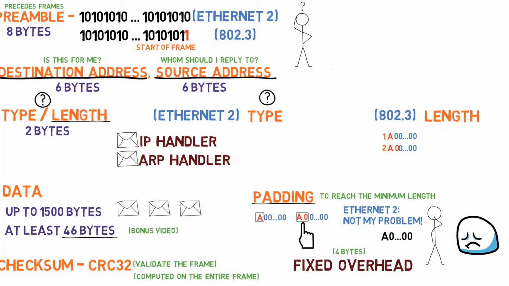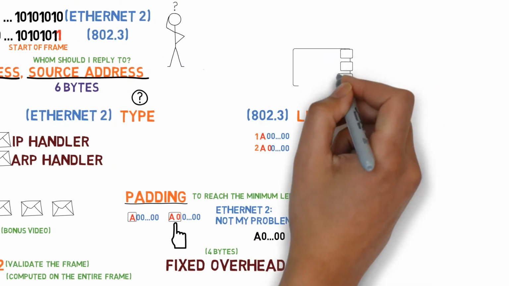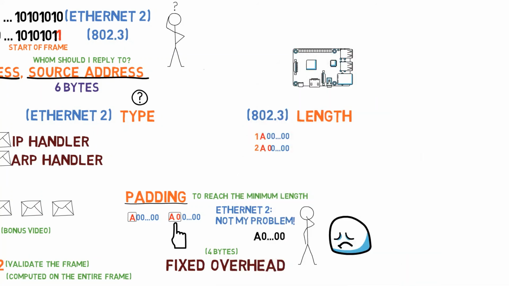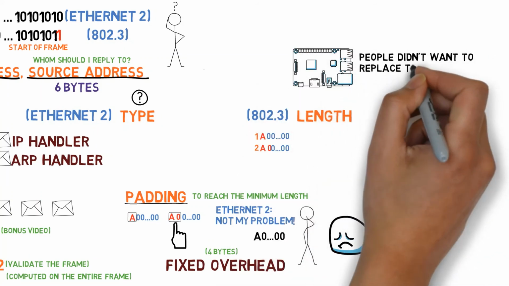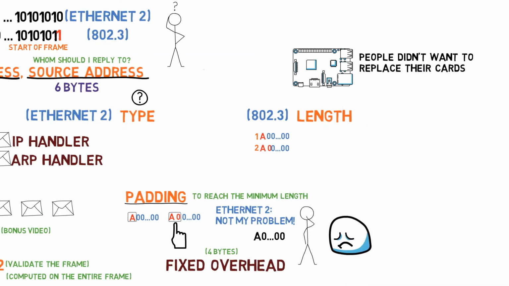Let us start with the first question. Just to clarify, by the time IEEE 802.3 was published, many Ethernet cards had already been in use. People didn't want to replace their network cards just because a new standard was published. The solution was to allow both Ethernet 2 and IEEE 802.3 to operate on the same network.